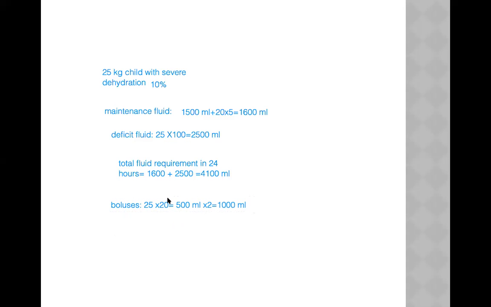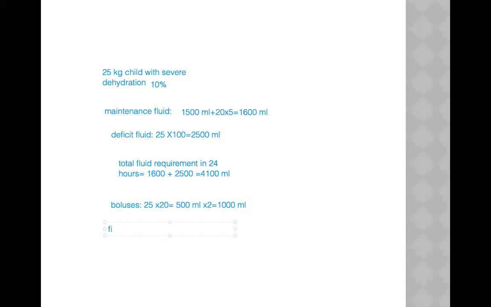Now, how much fluid is left and how do we give that amount of fluid? Let me explain that for you. We calculate the total amount of fluid. See that the total amount is 4100 ml. We divide this into 2 halves. 4100 divided by 2. How much would it be? 2050, isn't it? 2050.